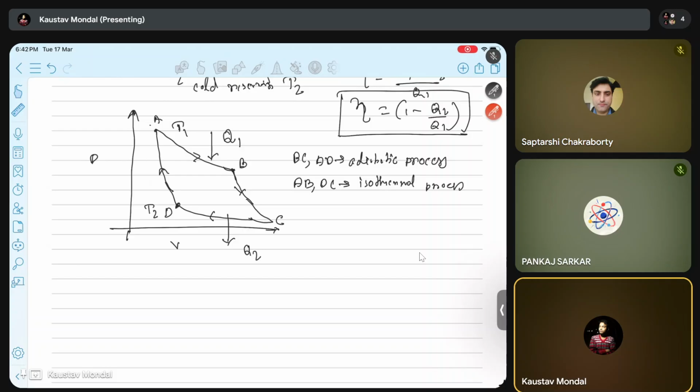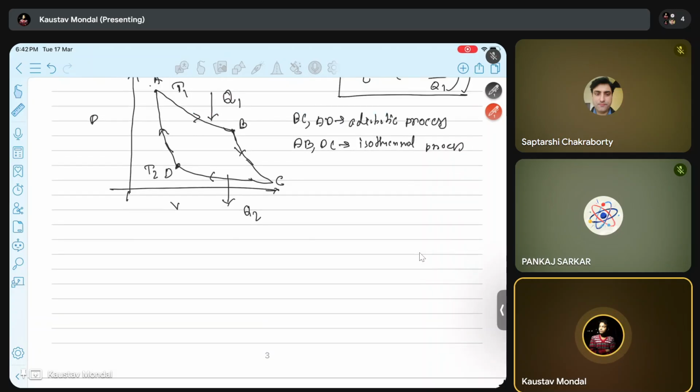Now this Q1 and Q2 you can easily calculate for an ideal gas.